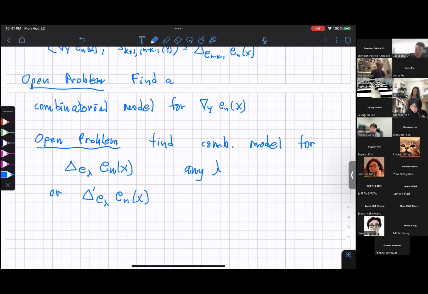And we'd really like to find delta S lambda of En of x, a nice model for that, but that might be too tough. It would be really nice to have this delta E lambda, and note that if you had Nabla y1, Nabla y2, Nabla yk, en of x.